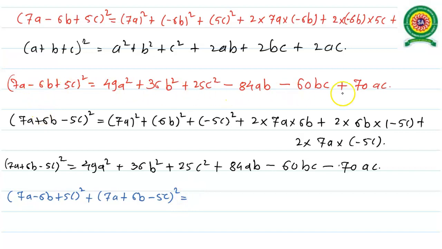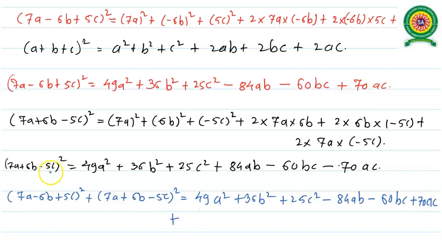The expansion of the first bracket is of the form 49a² plus 36b² plus 25c² minus 84ab minus 60bc, and then plus 70ac, and we have to add it to the expansion of (7a + 6b - 5c)², which is of the form 49a² plus 36b², then plus 25c², then plus 84ab, next to it we have minus 60bc and minus 70ac.